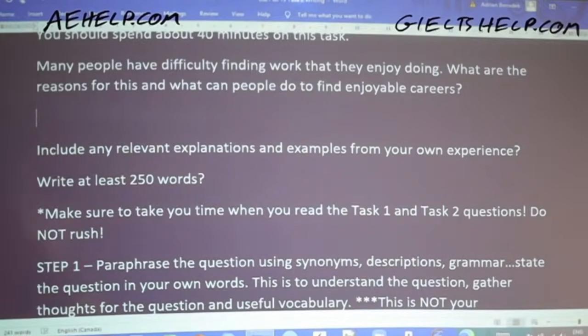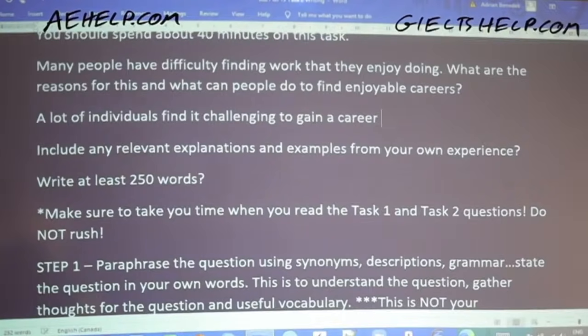Okay, so a lot of individuals find it challenging to gain a career which they are passionate about.